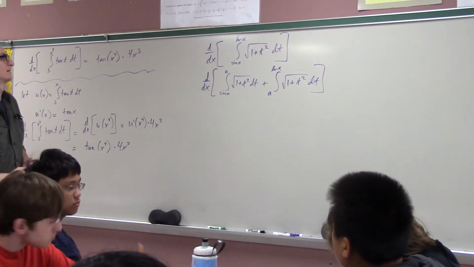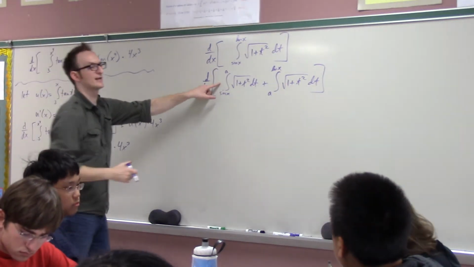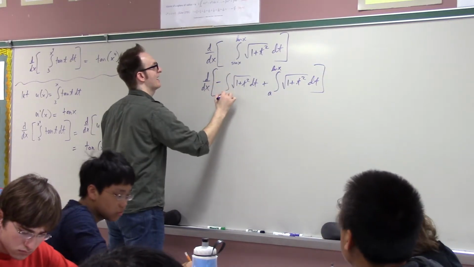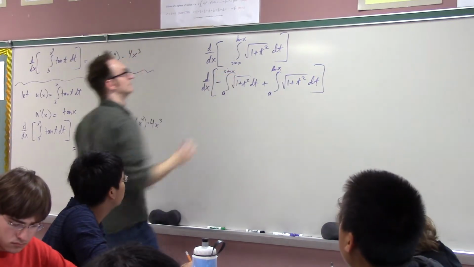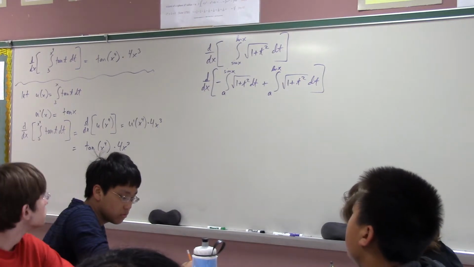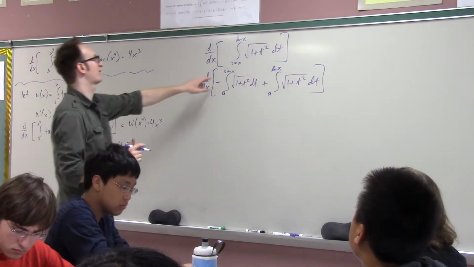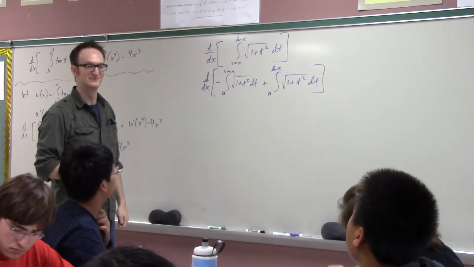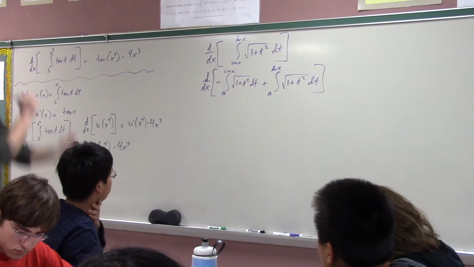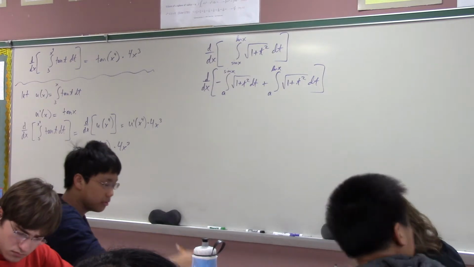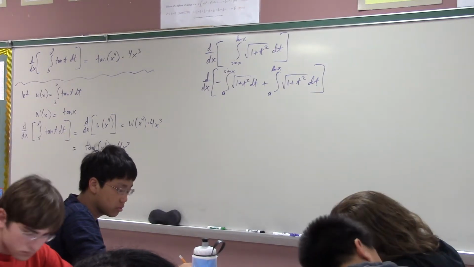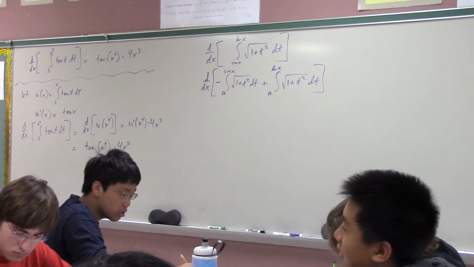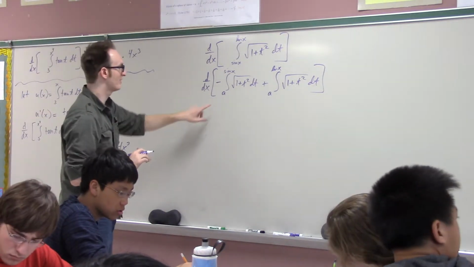In fact, can I just be lazy and flip this one, making it negative? So this is negative, a to sine x. How do you know that you want to flip it? Because the fundamental theorem of calculus works only if the variable is up here. All right, and then just apply this strategy.